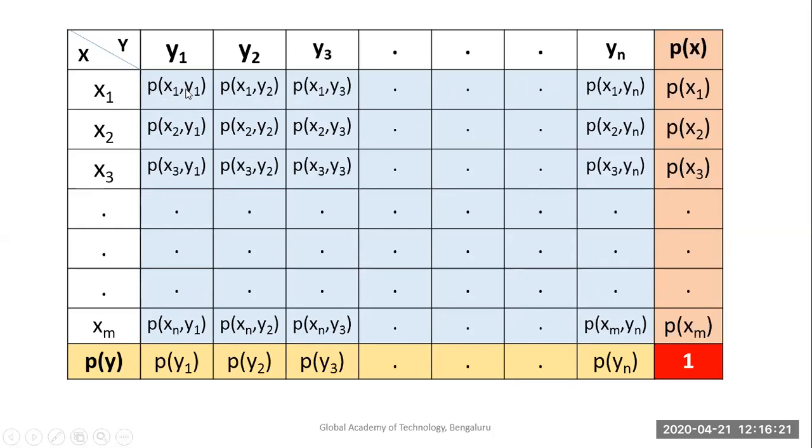So P of x1, y1 is the probability that X takes the value x1 and Y takes the value y1. P of x1 comma y2 is the joint probability that X takes the value x1 and Y takes the value y2, and so on. And when you add all these joint probabilities, the sum is going to be 1. So these are called the joint probability distribution.